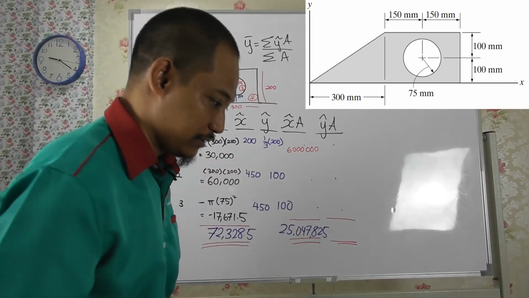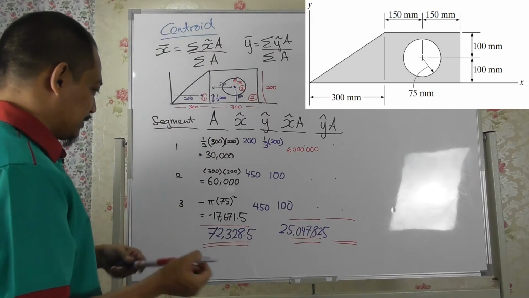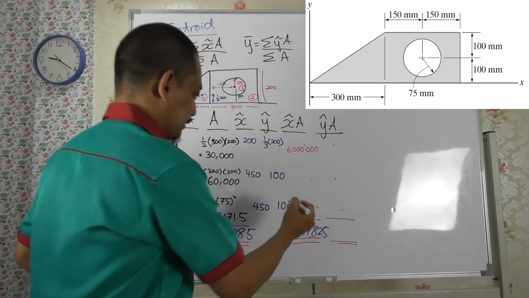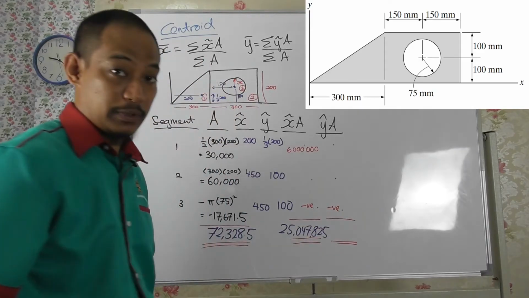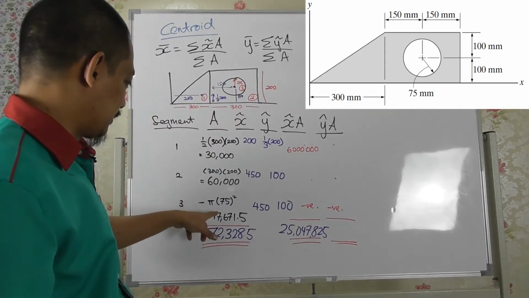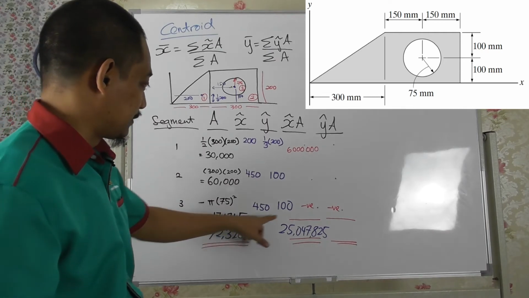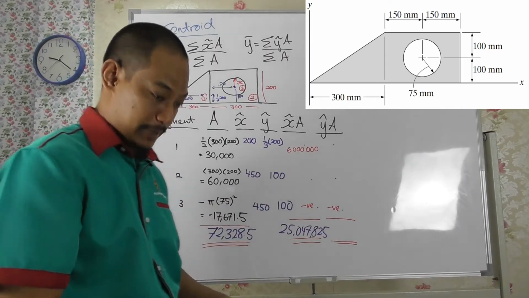And this one, it is okay. Now note that because this is negative, this one will be negative here, and this one will be negative here as well. So make sure you double check that one, because when you multiply negative with the distance here, you get negative something there, right?